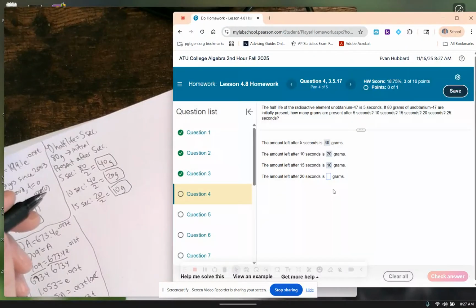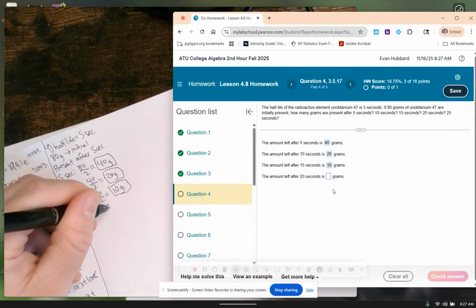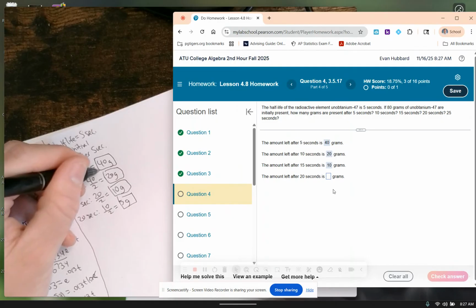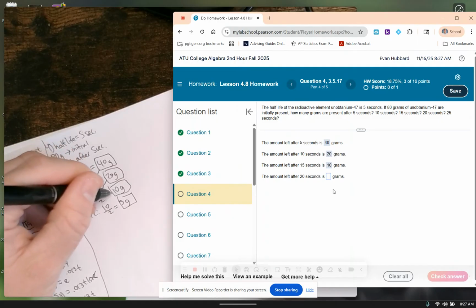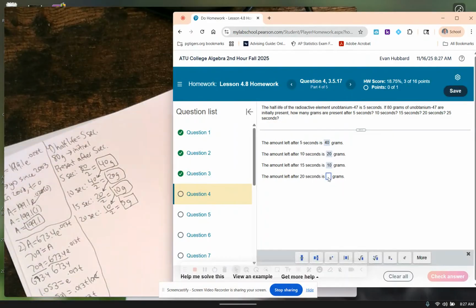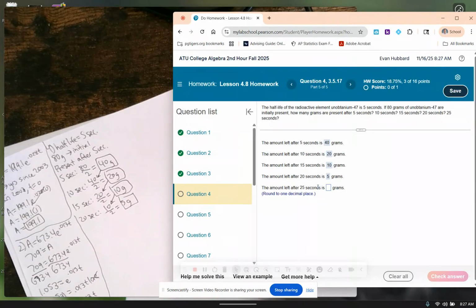And then after 20 seconds, you take 10 divided by 2, it'd be 5 grams. And then 25 seconds, around to 1 decimal place.